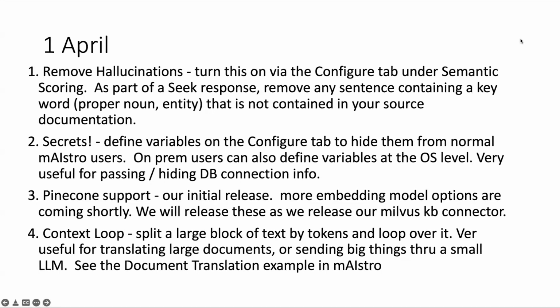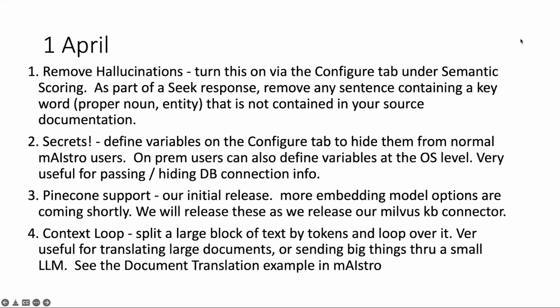The next is secrets, right? And secrets are important when it comes to building and scaling inside of mAIstro. So you're definitely going to have connections and configurations like a database or something like that that will have private keys that you might not want a normal authoring user of mAIstro to be able to see, but you want them to be able to consume that.